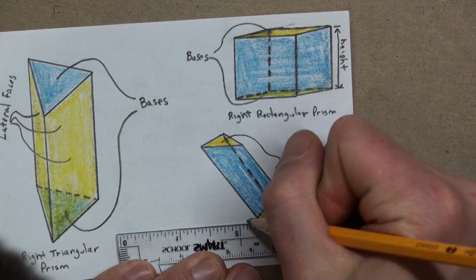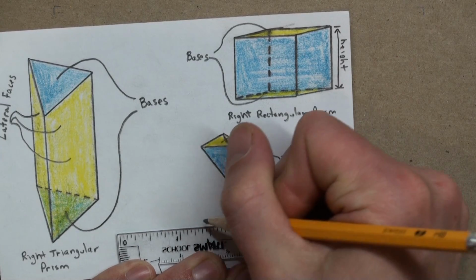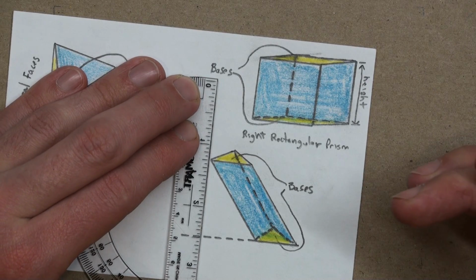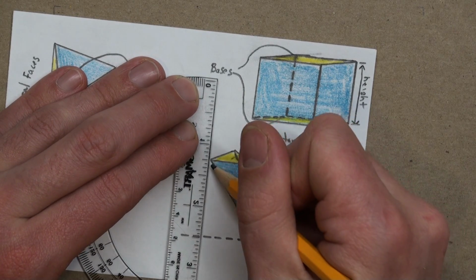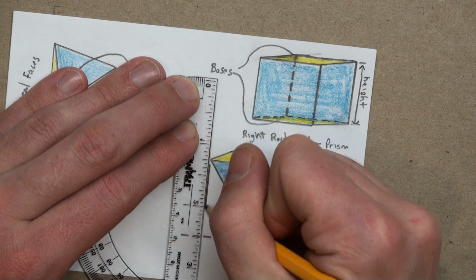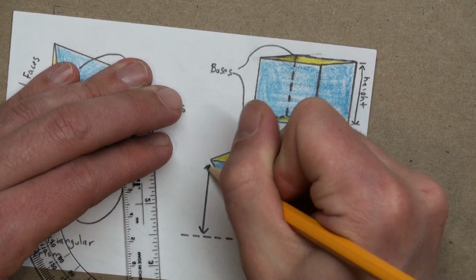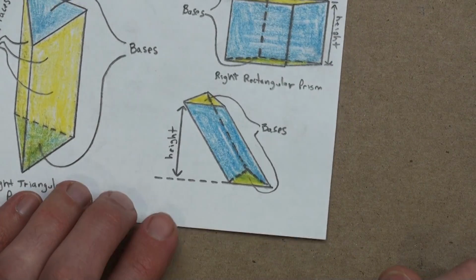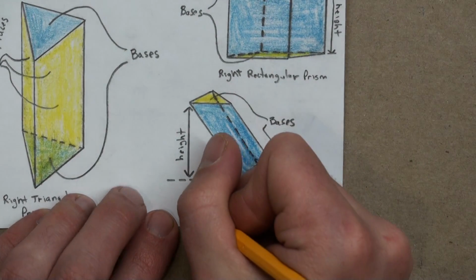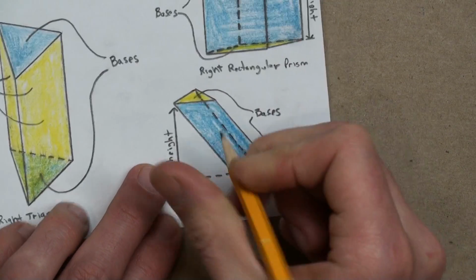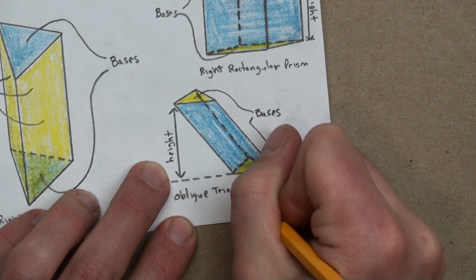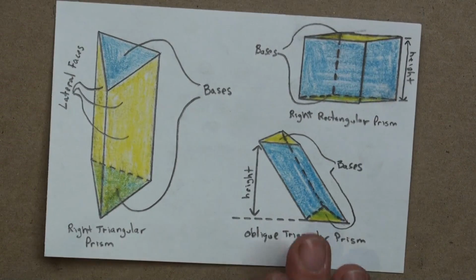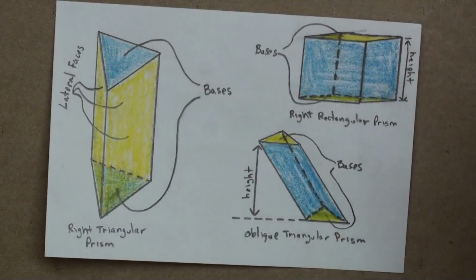So the distance straight down, in other words, another name for it, which is the altitude, this is my height. Okay? And this is what's called an oblique triangular prism. All right? So that's the main ideas for the prism. Let's put that aside.